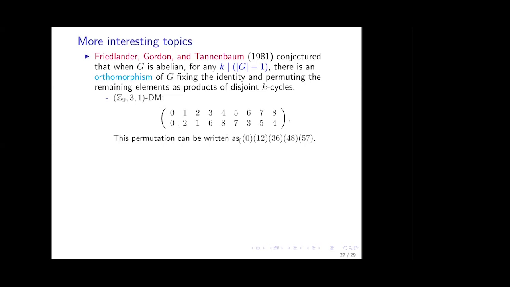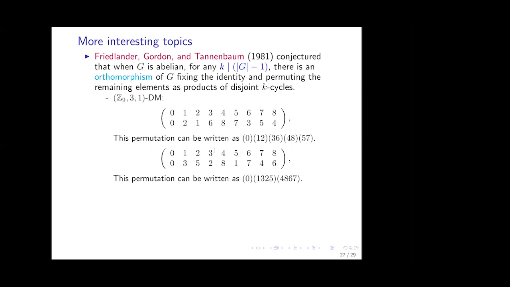For this example, 0 to 0, 1 to 2, 2 to 1, so this is a 2-cycle; 3 to 6, 6 to 3; 4 to 8, 8 to 4; 5 to 7, 7 to 5. So this example gives the existence of a J9 31 difference matrix.